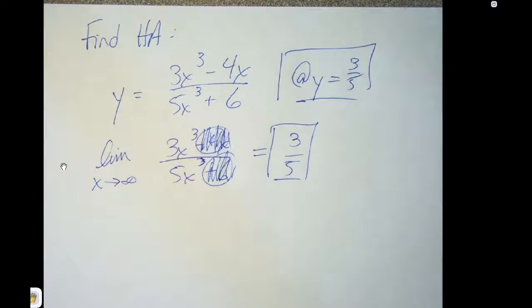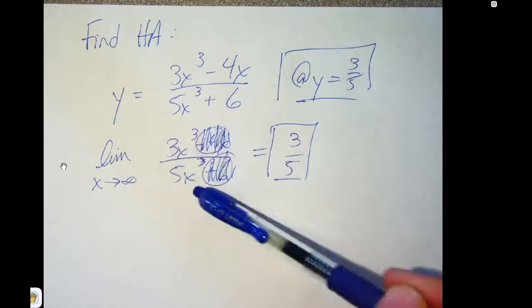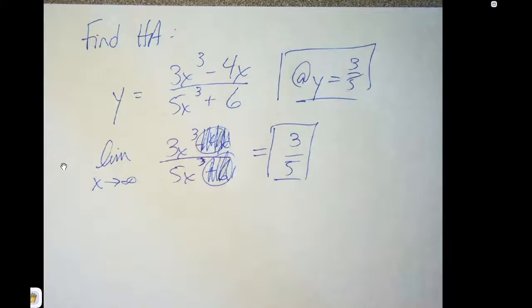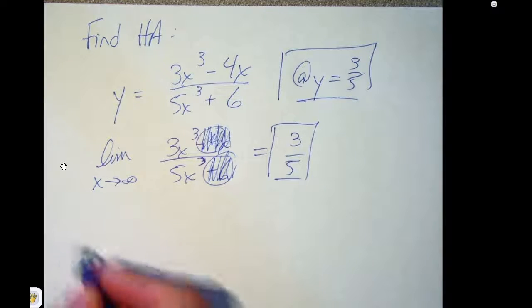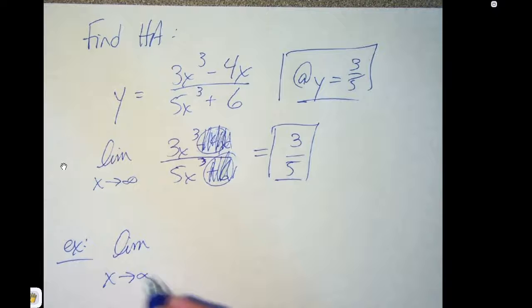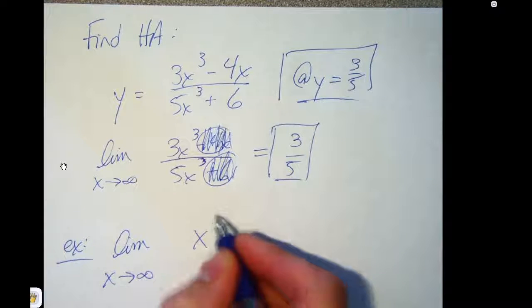That's the second scenario. What was different about the second scenario compared to the first scenario? The x's canceled out. The powers were the same in this one, right? And where was the highest power in the first example? Bottom. So the third scenario would be, so what's left? Highest power is on top.